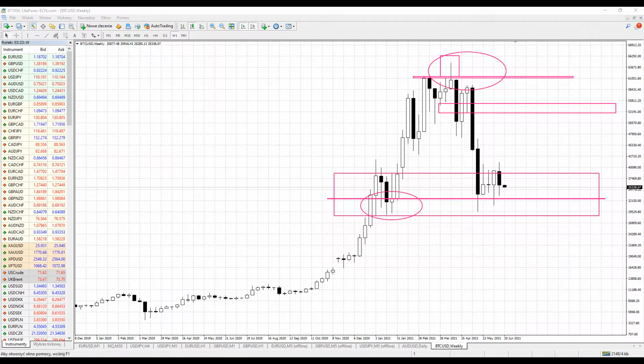Because at the swing high, we created a higher high, but the weekly close was well below the previous swing high. So we knew there was a bigger chance we were going to see lower lows. That was the first thing.